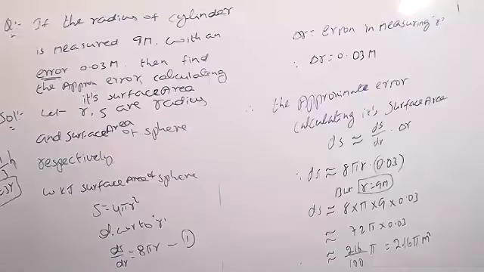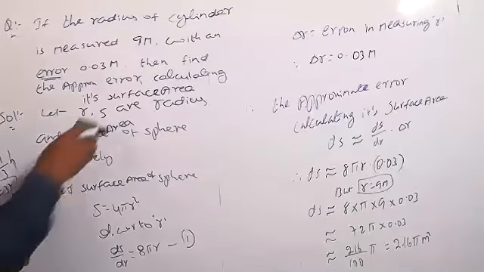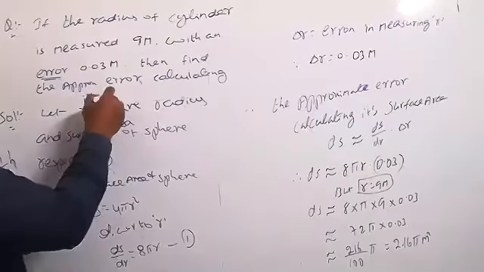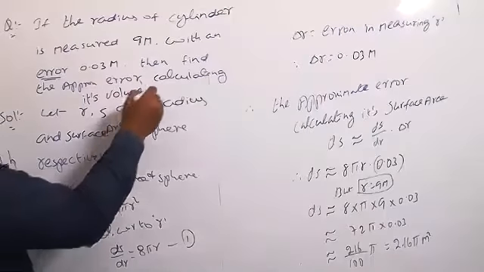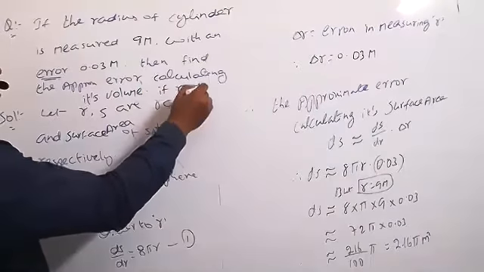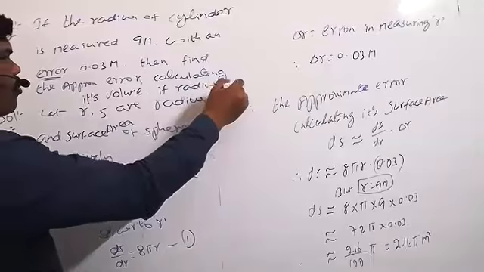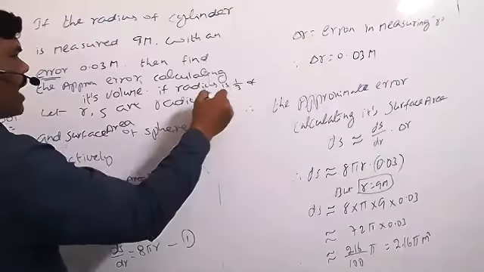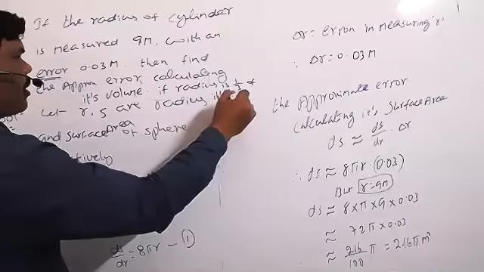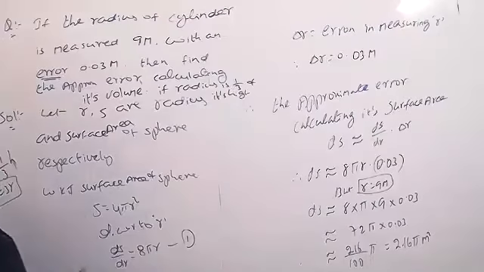Then find the approximate error in calculating its volume, if the radius is 1/3 of its height.